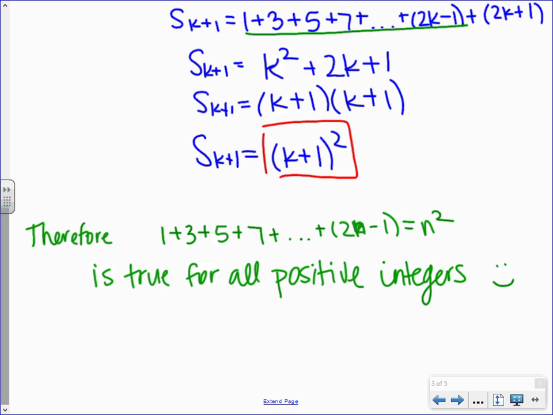And I do want you to write that conclusion statement. I want you to actually recognize what it is that you proved.